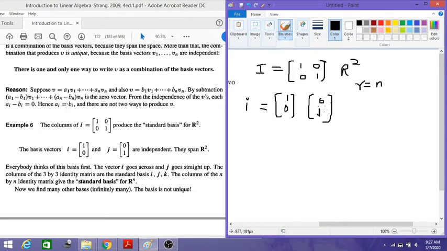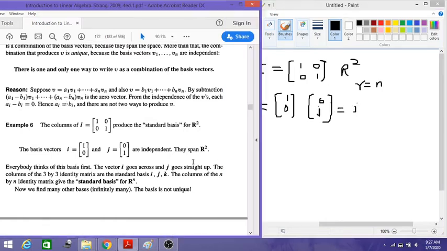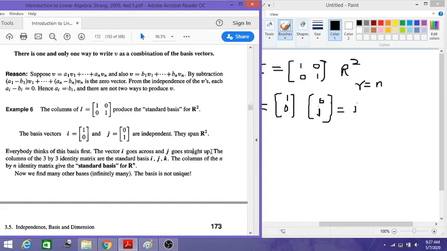So it's linearly independent. Now let us call the vector 1 0 as i and 0 1 as j. So they are independent and they span R square.